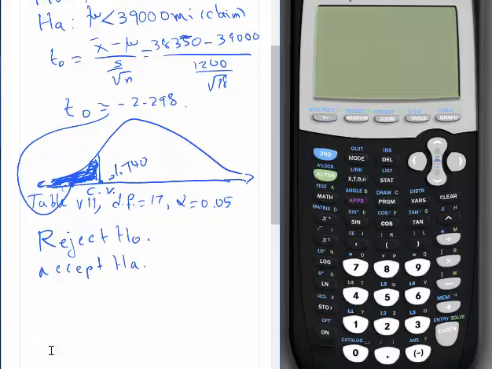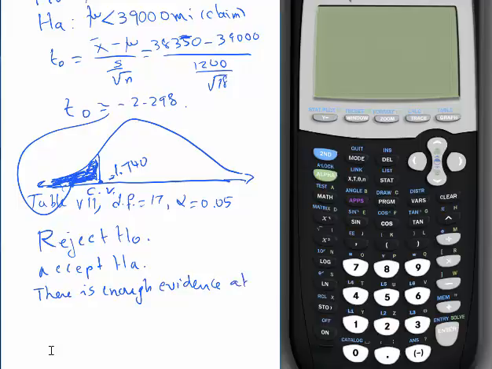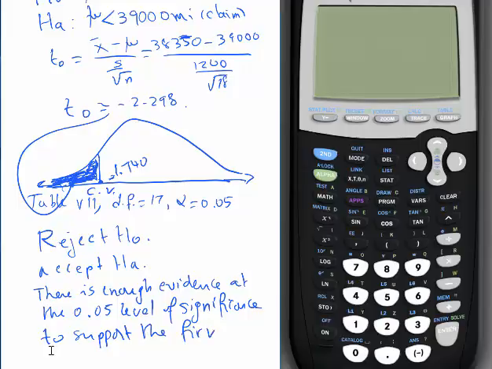We write, there is enough evidence at the 0.05 level of significance to support the firm's claim.